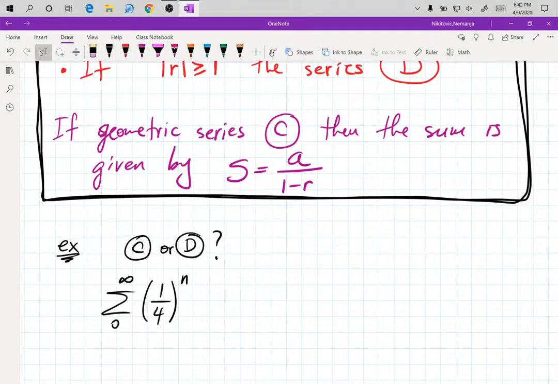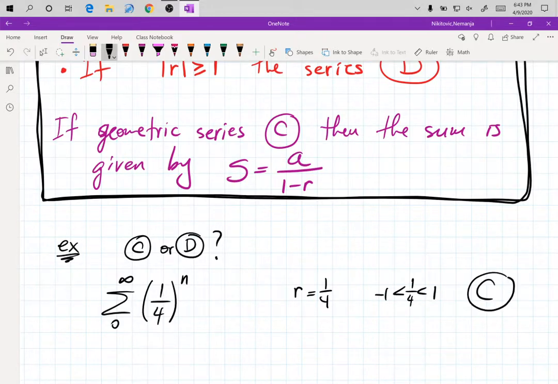That's it. That's the problem. Nothing else is given. Does it converge or diverge? How do you solve the problem? All right, ready? You use your eyes and you look at the series. You determine that r is 1/4. Since 1/4 is in between -1 and 1, the series converges and you are done. That's it.